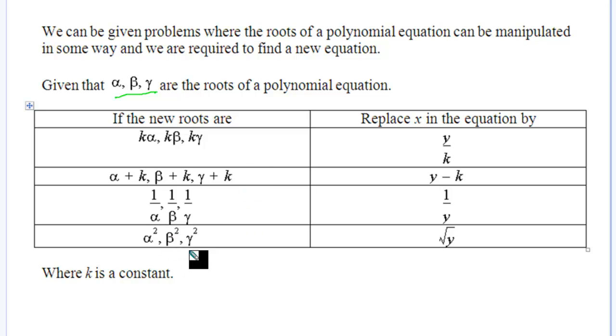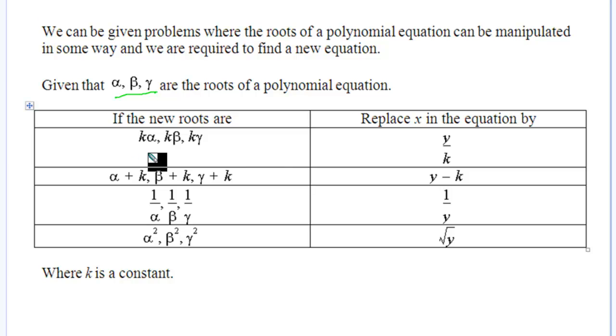roots there. And what we're going to do is create a new polynomial equation. There's a number of ways to do it, and I'm going to go through the most efficient way I know. It requires us to take the existing equation and replace the roots in the equation.